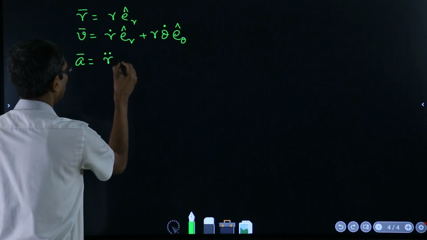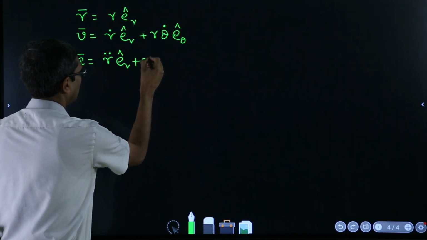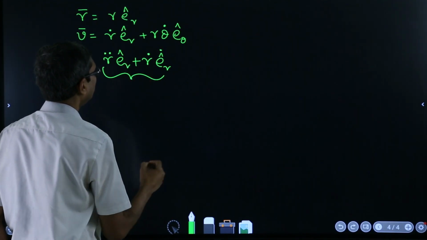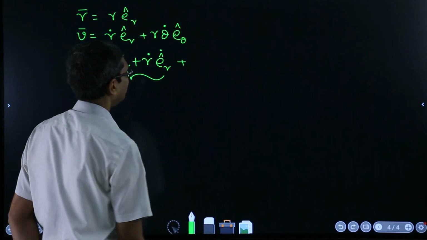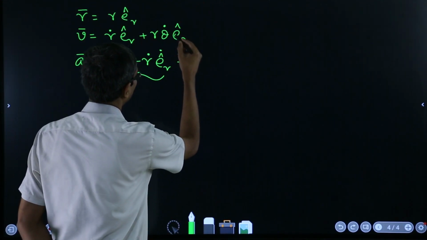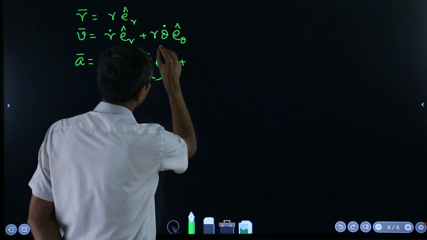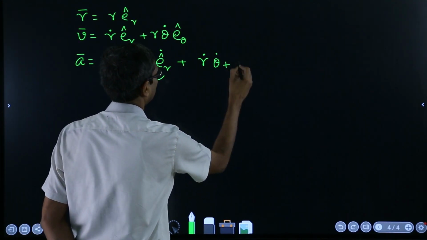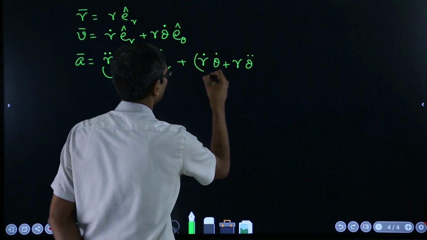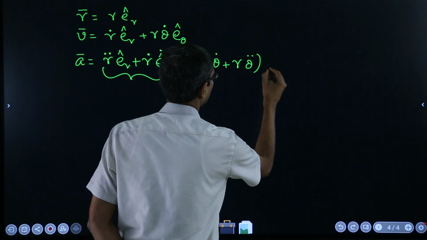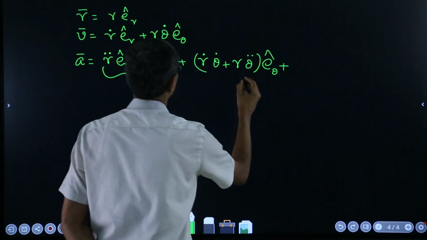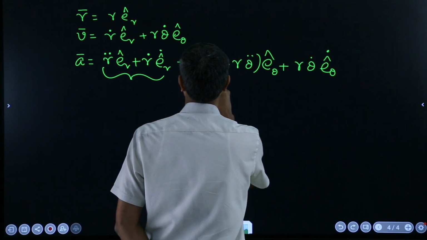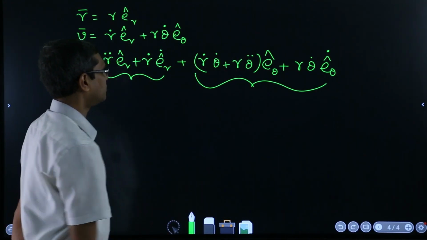So r double dot e_r plus r dot e_r dot, the first term getting differentiated, plus we will differentiate the second part, which is again a product: r dot theta dot plus r theta double dot, times e theta, plus r theta dot and e theta dot. These are the differentiations from the second term.